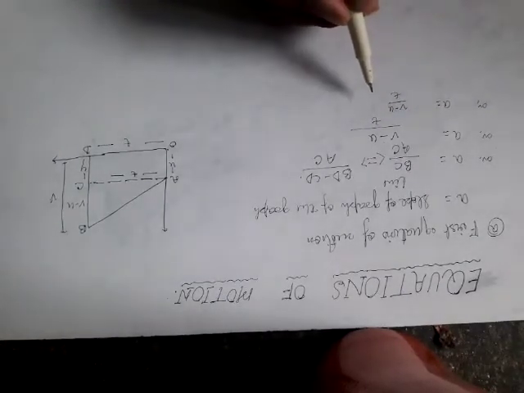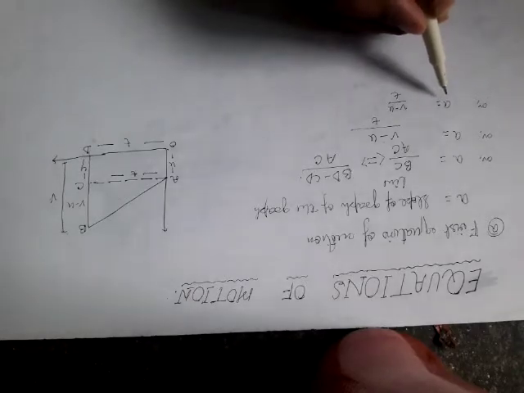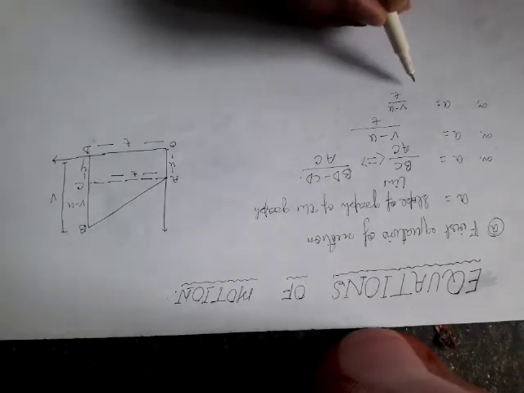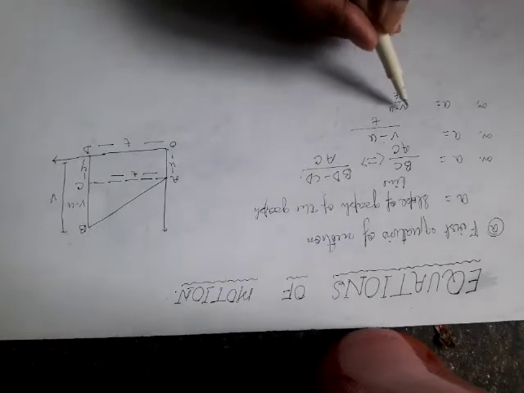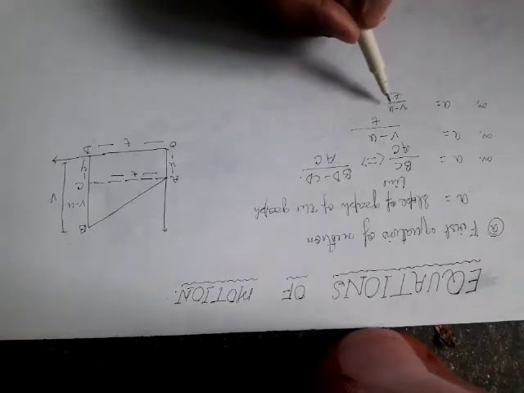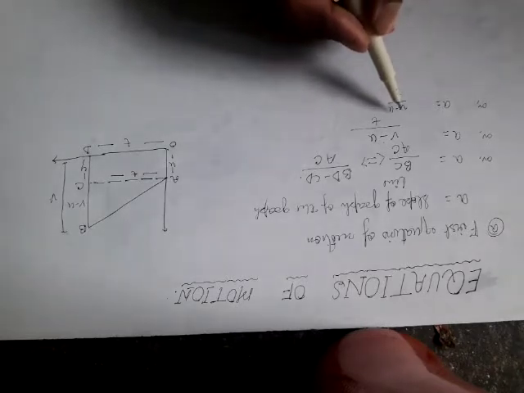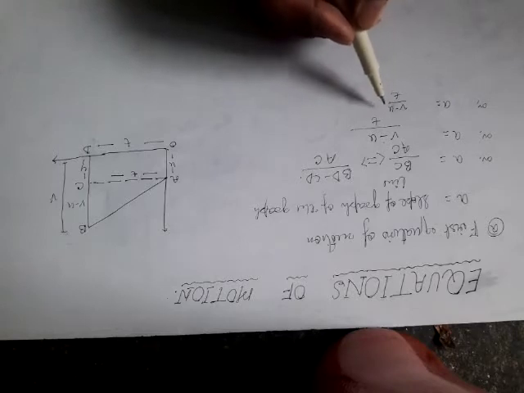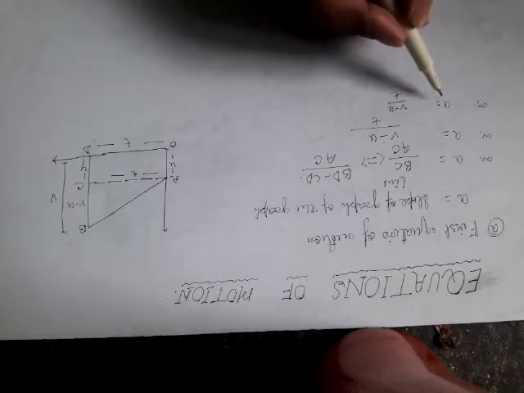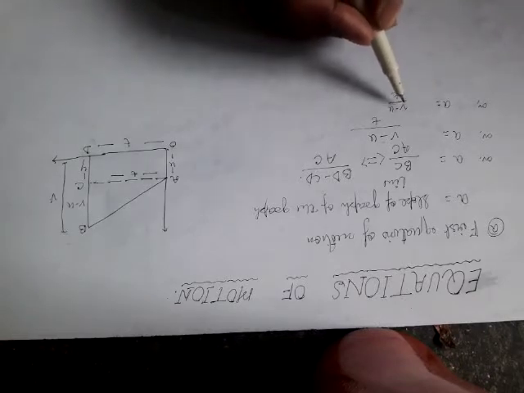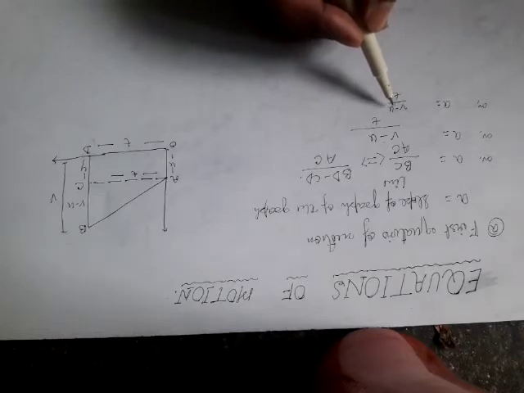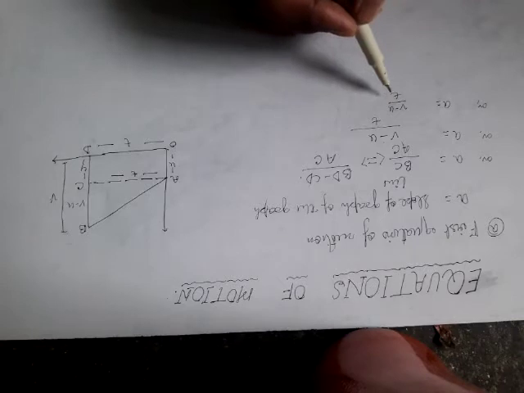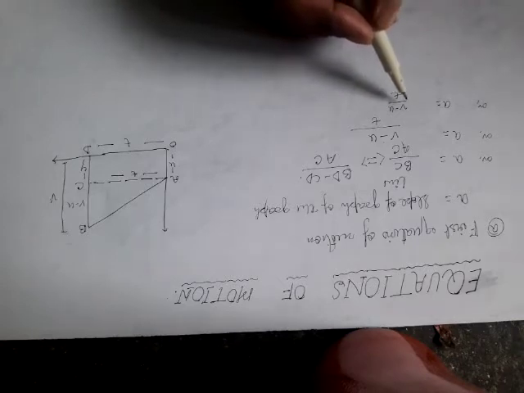And we already know that acceleration of any body is always equal to the rate of change of velocity. The rate at which the velocity is changing is acceleration. Here v minus u, final velocity minus initial velocity, is the change in the velocity, and when we divide by t, we find the rate.